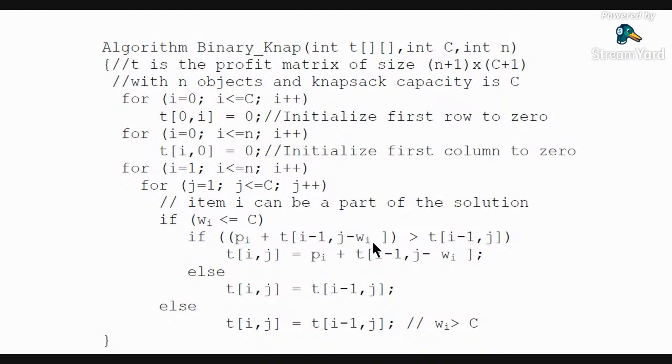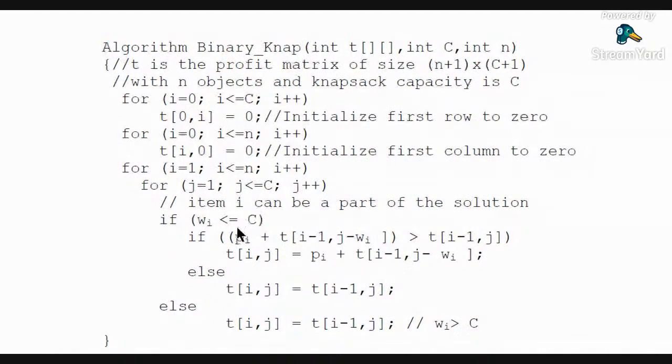So j minus Wi is nothing but 5. Now what I am checking is this: by considering the first i minus 1 objects with the considered capacity j minus Wi. And if we include the current object in this, first of all, j is reduced, Wi is deducted from j.